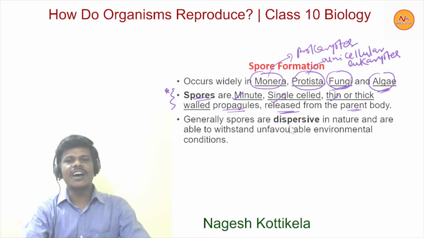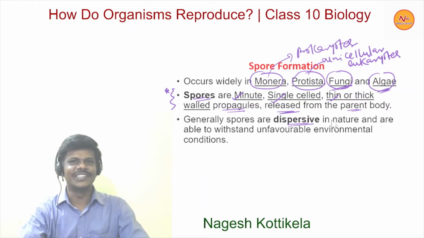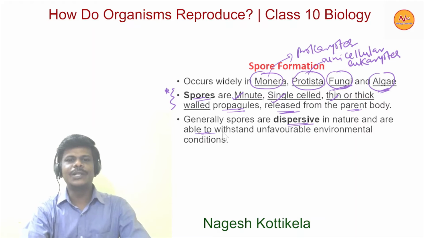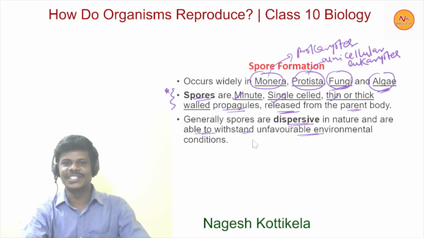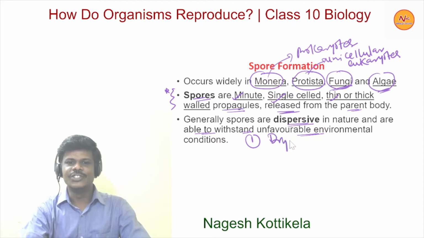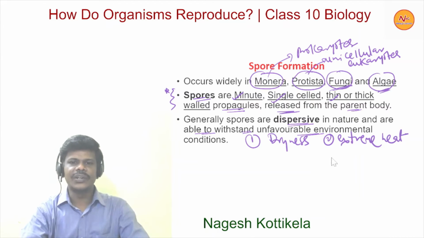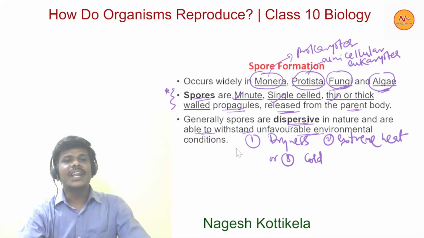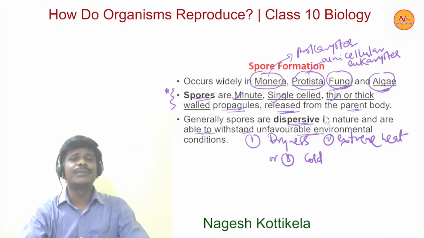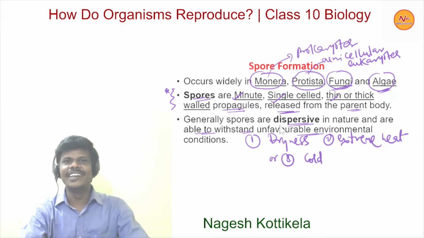Generally, spores are dispersive in nature and are able to withstand unfavorable environmental conditions, like dryness, extreme heat or cold.